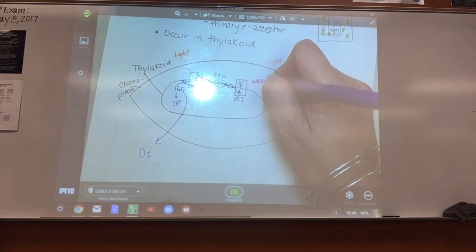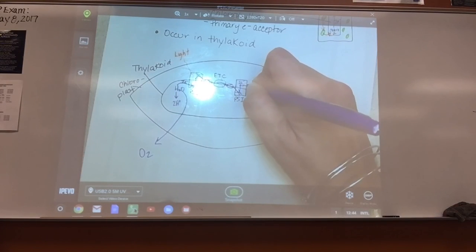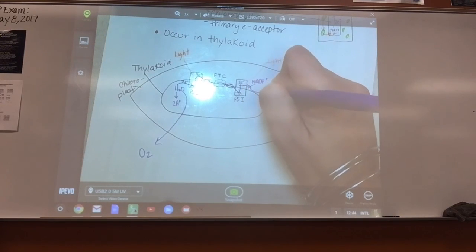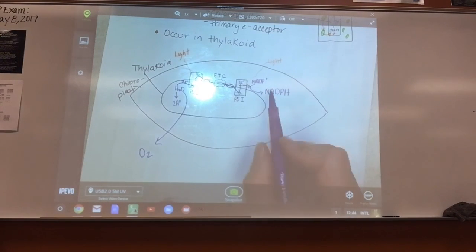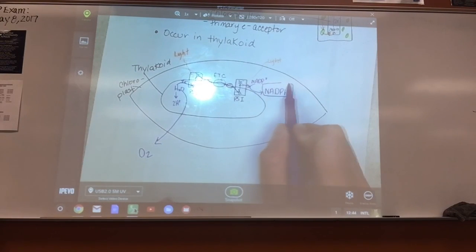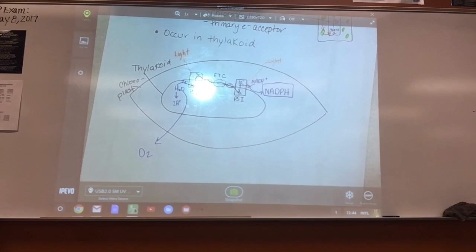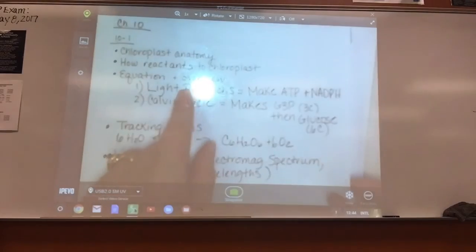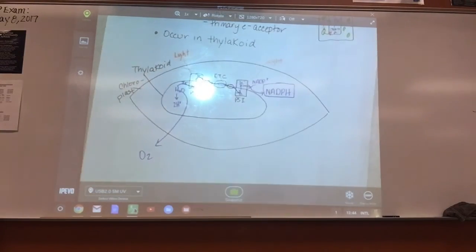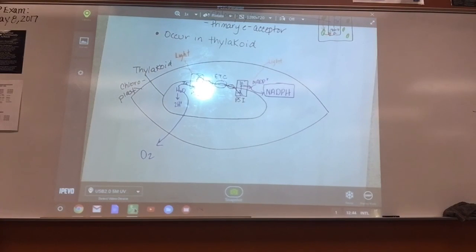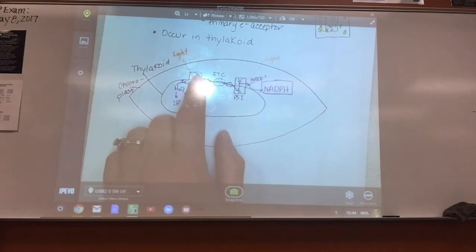That changes the shape of the ATP synthase, allowing ADP and the phosphate to get into the active site and be converted to ATP. And ATP here is the second thing that is needed to be made in the light reaction. These guys here will go to the Calvin cycle, which is the next one.